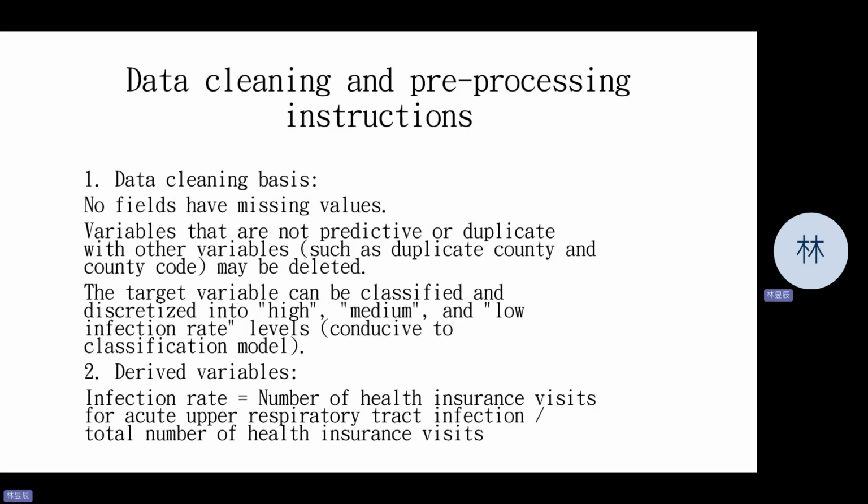The target variable can be classified and discretized into high, medium, and low infection rate levels. The derived variable is infection rate, equal to number of health insurance visits for acute upper respiratory tract infection over total number of health insurance visits.